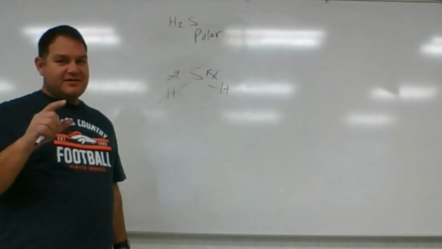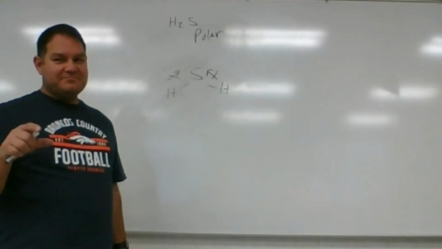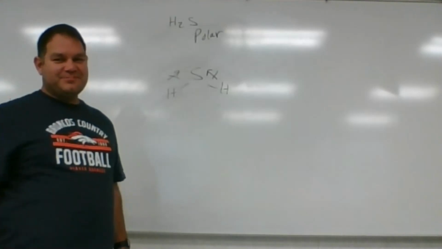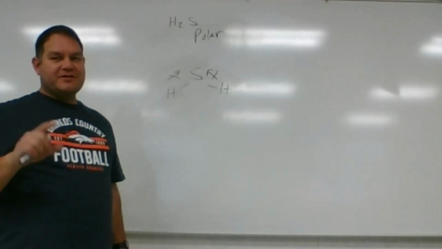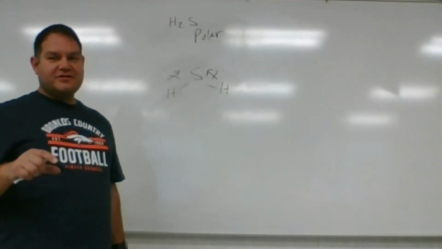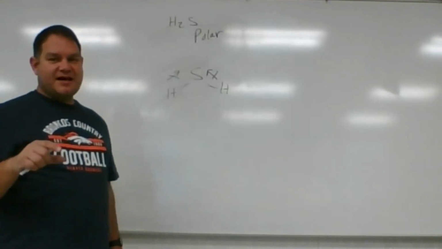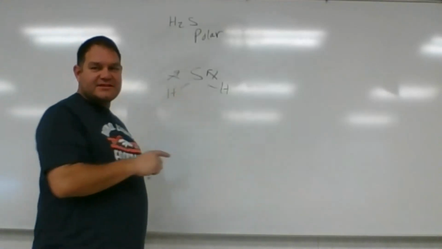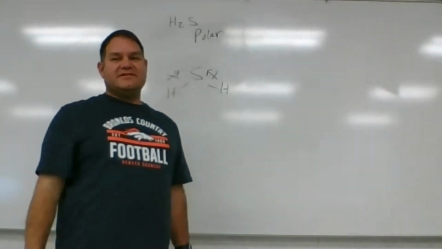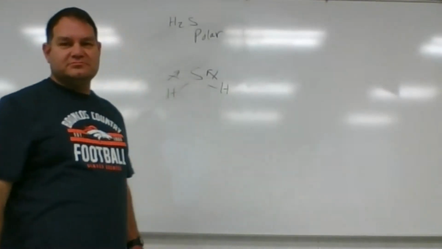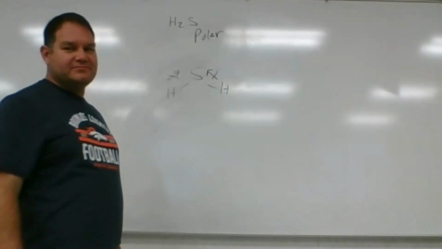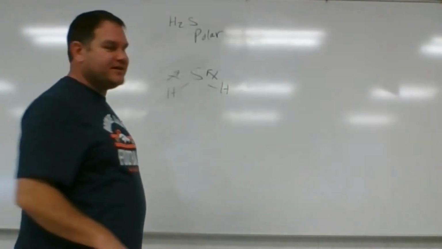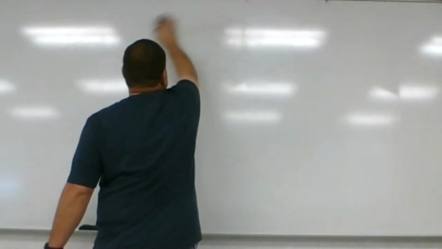It works 99% of the time, but there is that one percent where it doesn't work. So if you're really in a bind, look at that central atom. If there are lone pairs on it, take your guess, it's probably going to be polar, because 99% of the time you're going to be correct. It's just a secret.